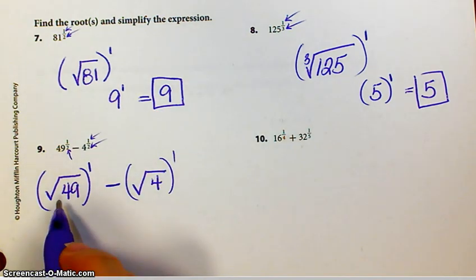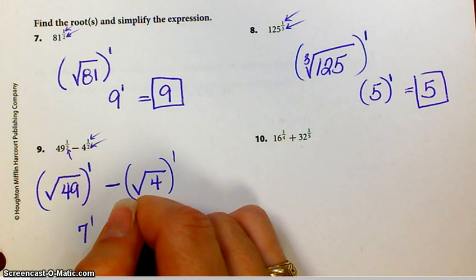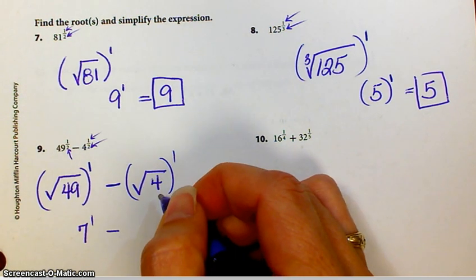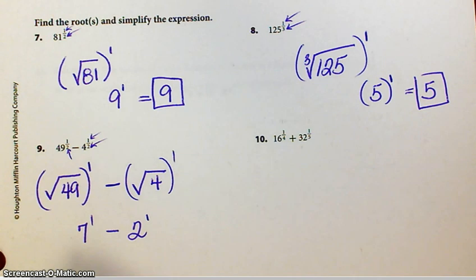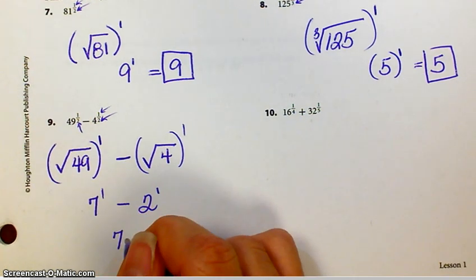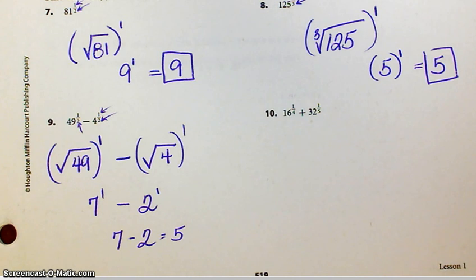Okay, the square root of 49 is 7. 7 to the first power is just 7. The square root of 4 is 2, and it's just 2 raised to the first power. So you wind up just having 7 minus 2, which is 5.